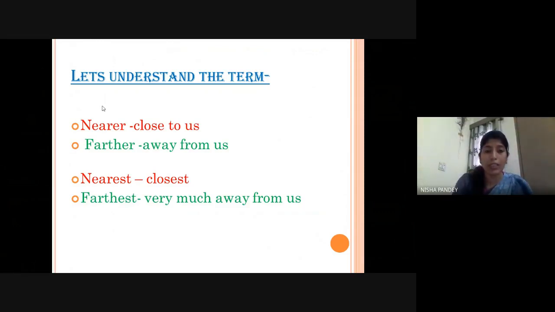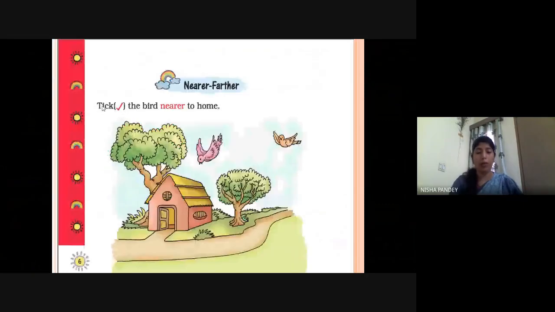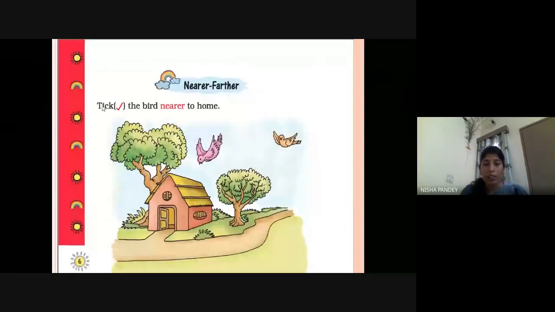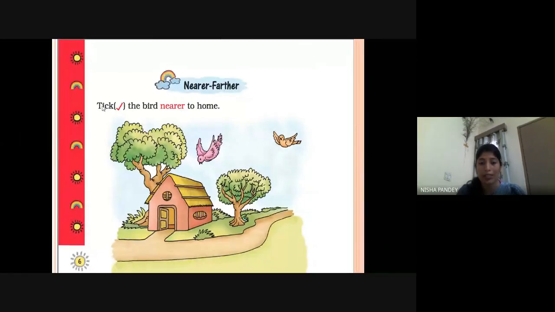To understand the term more clearly, let's see the next slide. Here the topic and the picture is from our NCERT textbook only. Can you see this picture, children? Here, what can you see? You can see house, trees, road, right? And two birds also. So can you tell me which bird is nearer to home?